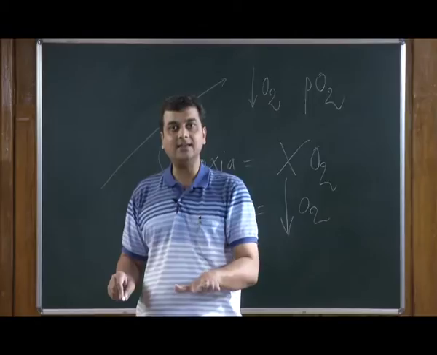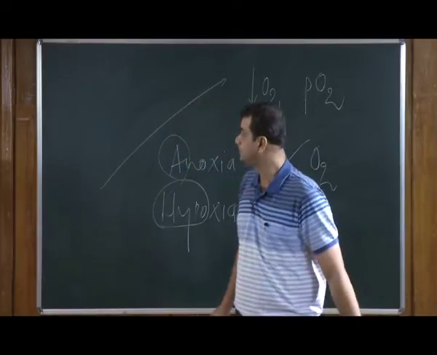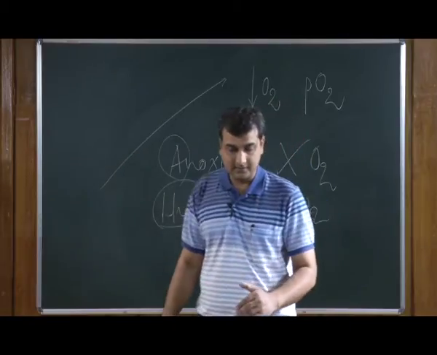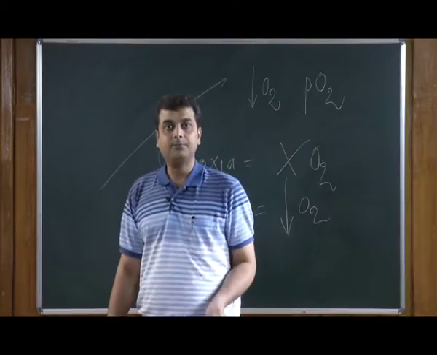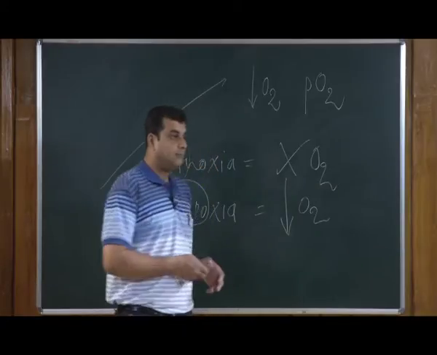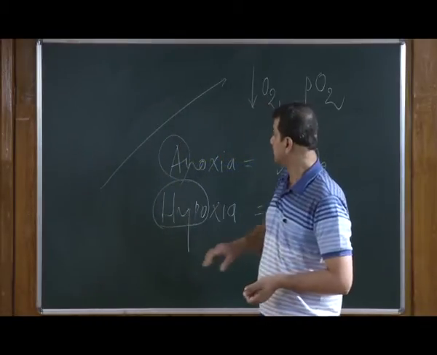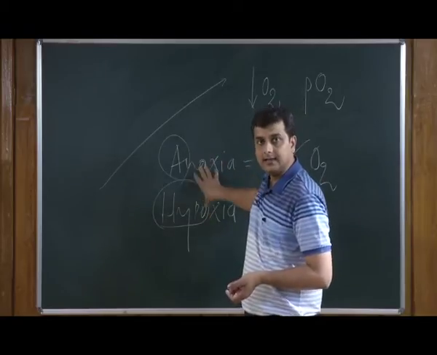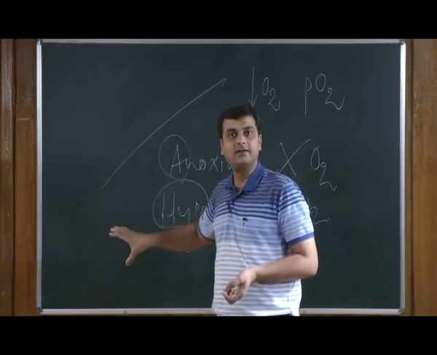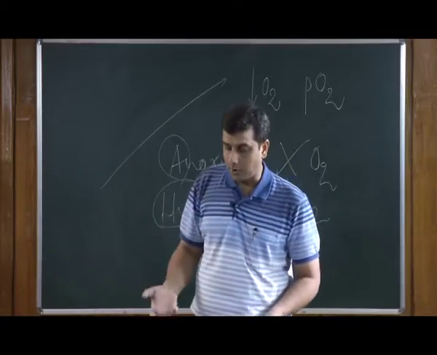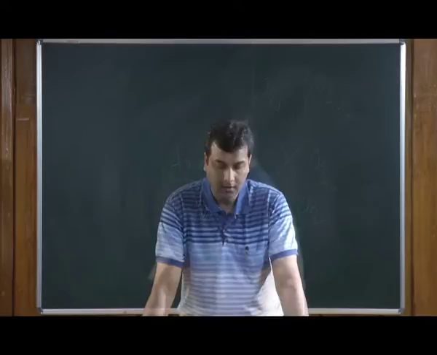So, hypo is less, hyper is more, a means no. So, anoxia is no oxygen, hypoxia means less oxygen. I am not going to discuss much of the detailed aspects of anoxia, but because it is there in the exercise also, let us see what hypoxia is and discuss hypoxia in a little depth.